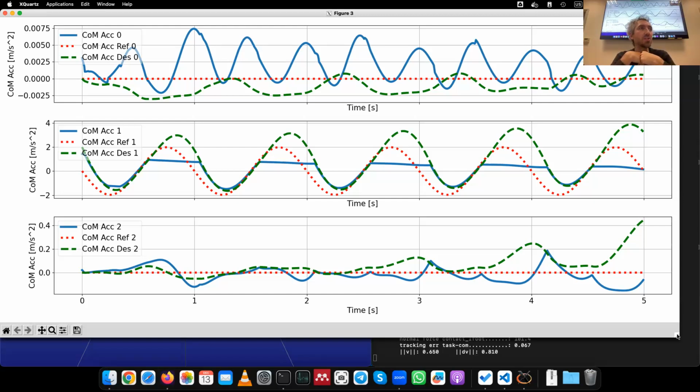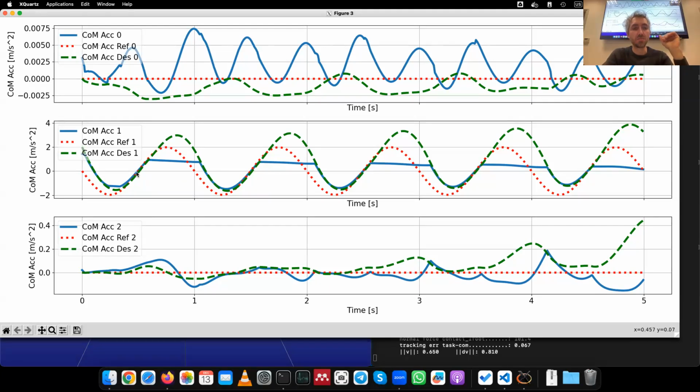Yeah, it's hard to predict why that's the case. But it comes from the fact that the initial desired acceleration is not 0, it is a positive value.